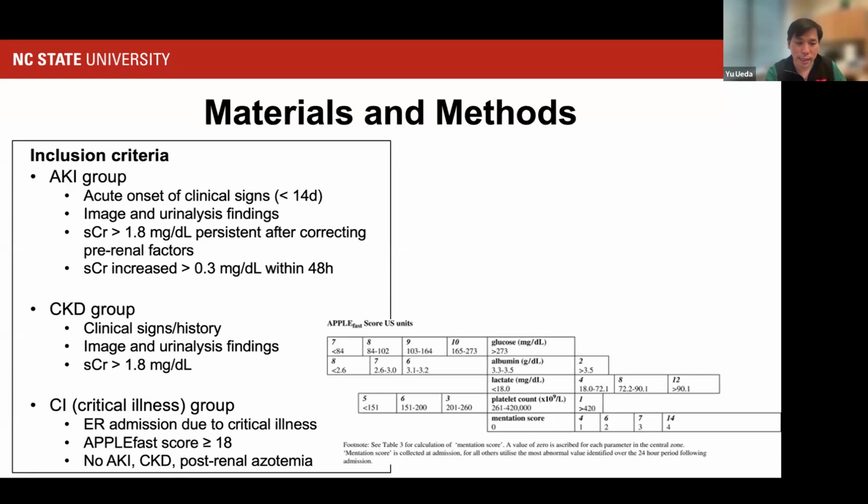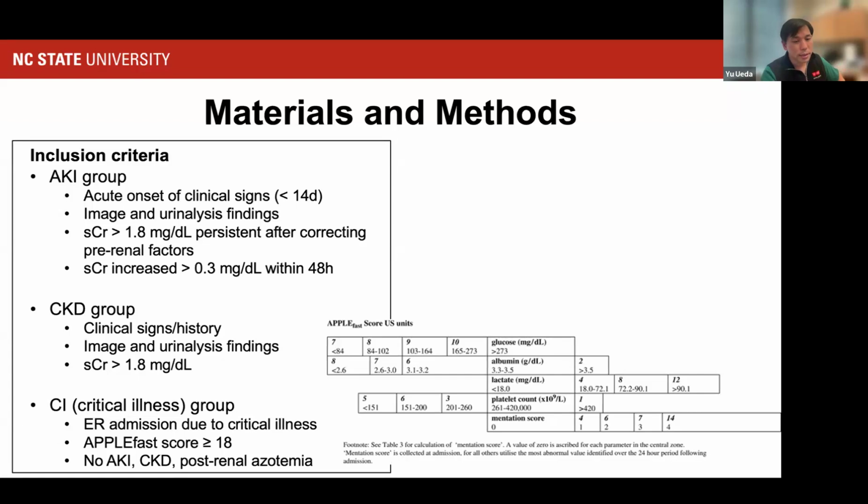They included them in the AKI group. They also included dogs with a serum creatinine concentration increased more than 0.3 milligram per deciliter within 48 hours. But based on my reading, I believe that all these patients still had higher than 1.8. So they are still azotemic and also had more than a 0.3 milligram per deciliter increase of the serum creatinine within 48 hours.